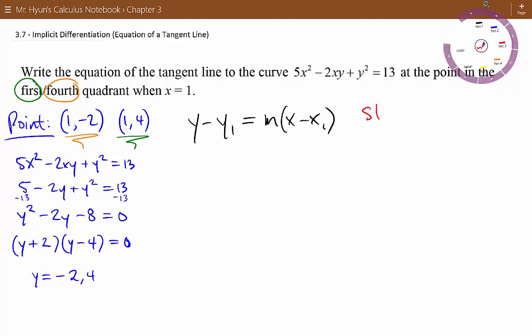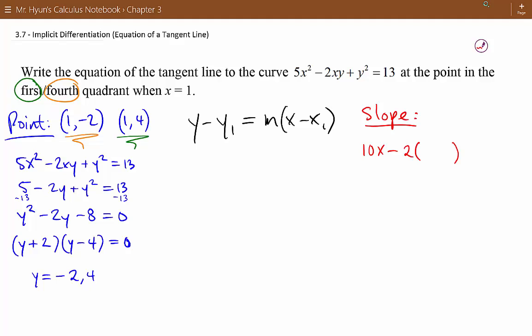In order to find the slope, we need to find the derivative of this equation. Since we have an implicitly defined equation, we need to use the process called implicit differentiation. This is going to involve taking the derivative of both sides of the equation to give us 10x minus, and now here is probably the most tricky part of the entire problem.